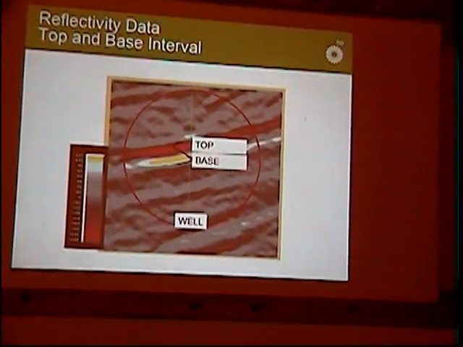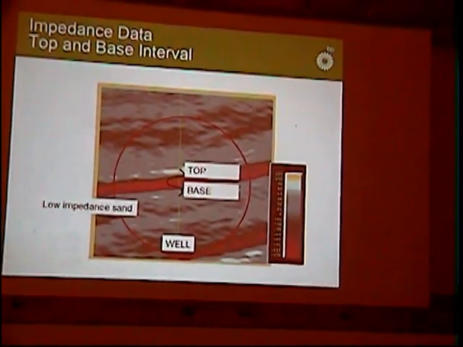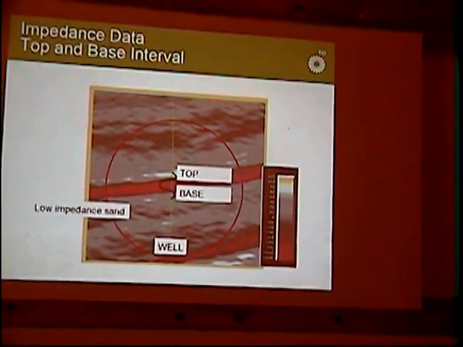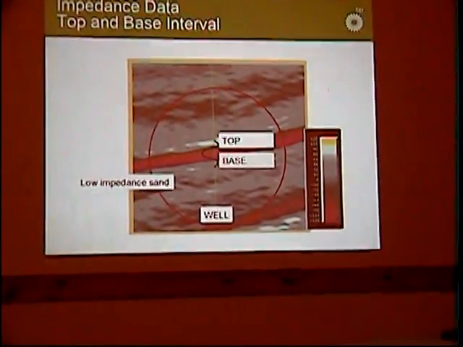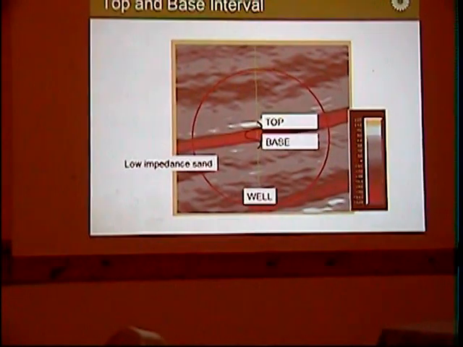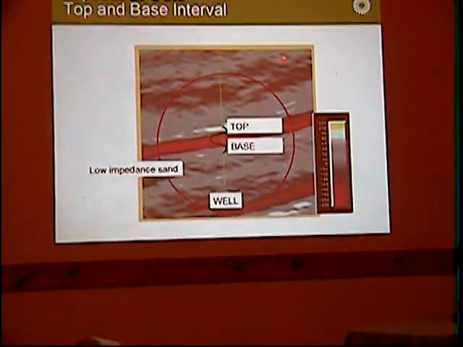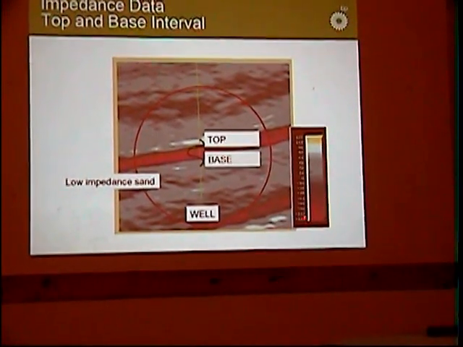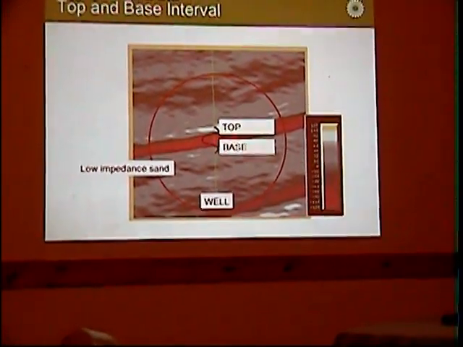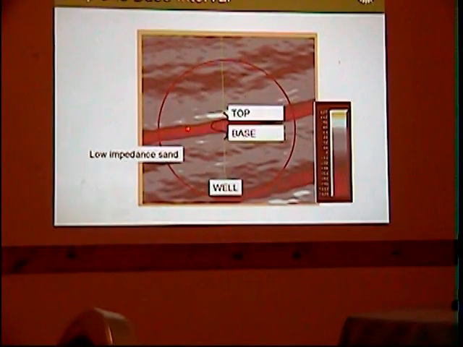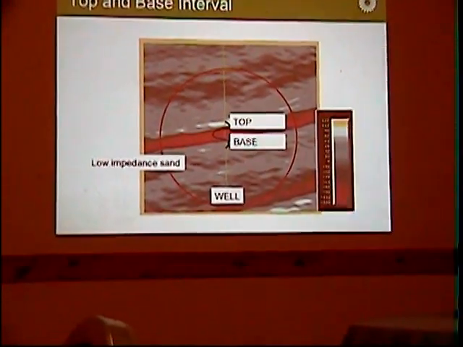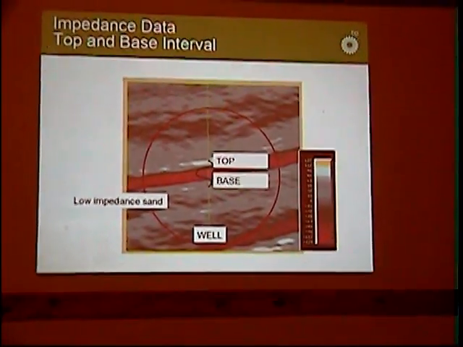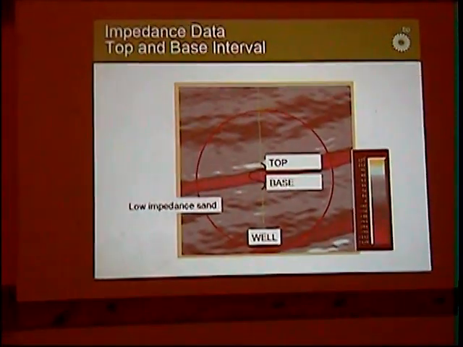If I were to look at inverted data now, you're mapping the sand body as zero crossing to zero crossing. Again, if it's above seismic resolution. And in this case, the sand is a low impedance sand. If you just look at the color bar, the low numbers are the red colors. So if you map zero crossing to zero crossing, you're effectively mapping the layer, whether it's a brine sand or hydrocarbon sand.